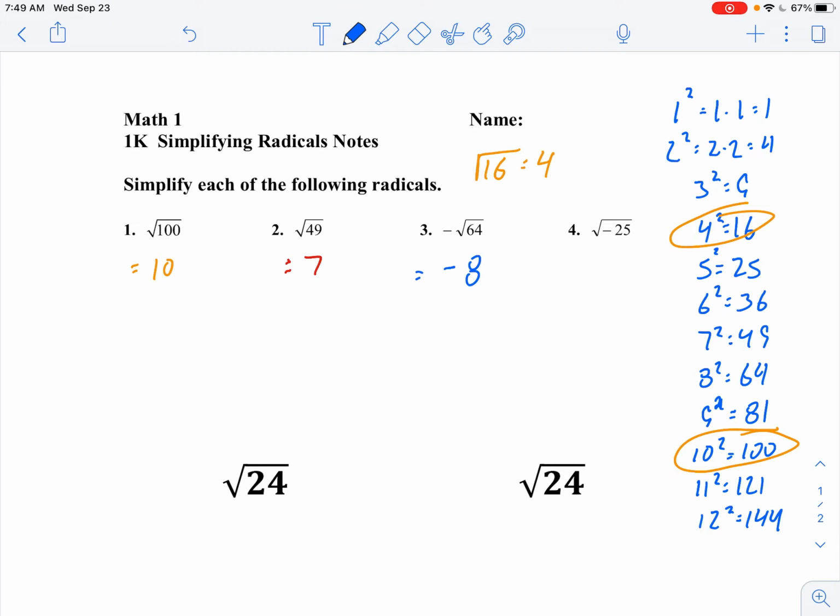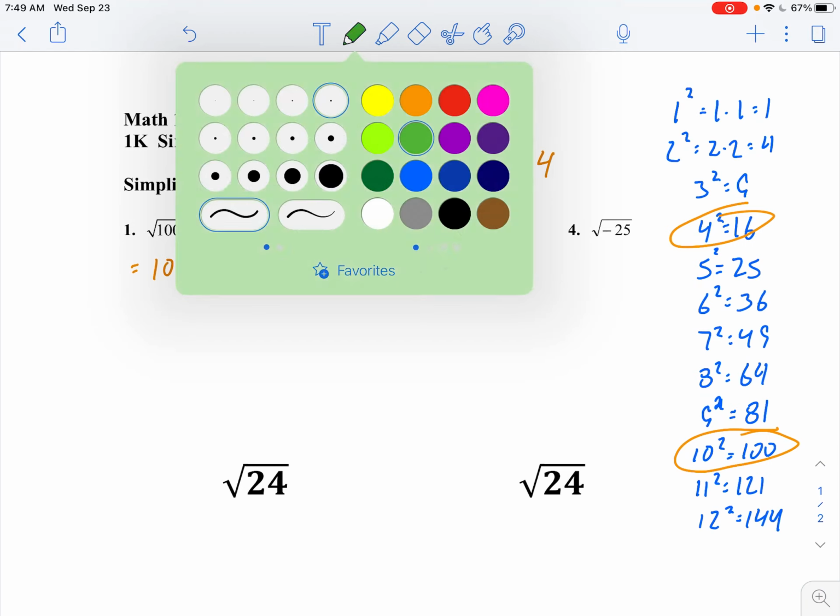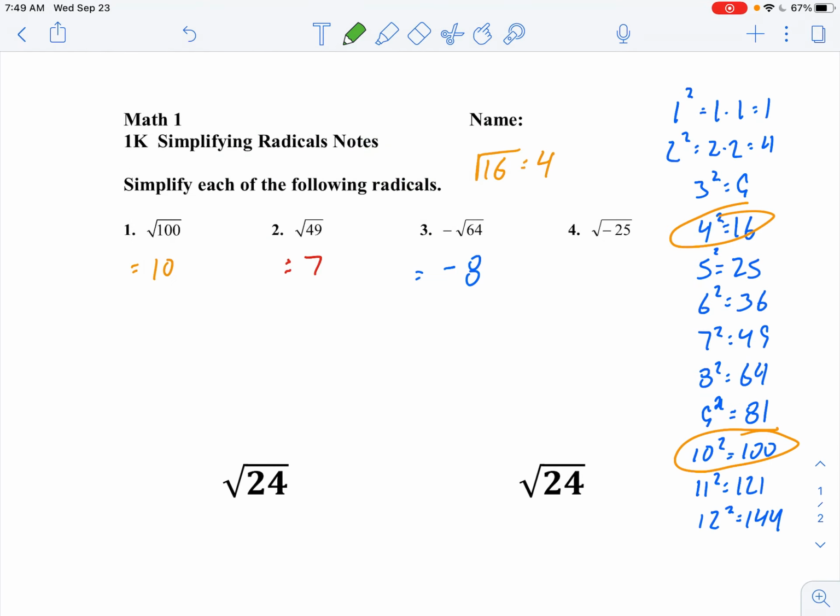And then in number 4, we run into a little bit of a problem. The square root of negative 25. I know the square root of 25 would be 5, but 5 times 5 is positive 25, and negative 5 times negative 5 is also a positive 25.